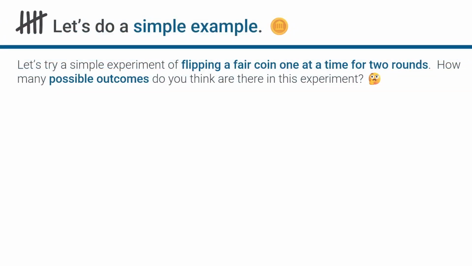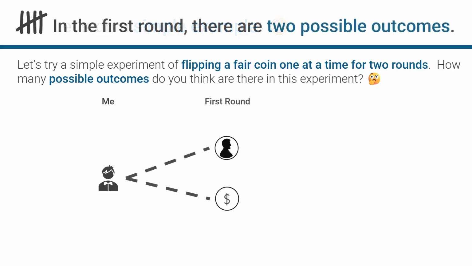Let's say, for example, you are flipping a coin once each round for 2 rounds. For the first round, you have the possibility of a heads and a tail. It's just the same, no problem there. We all know that in the first round, you have a heads and a tail.